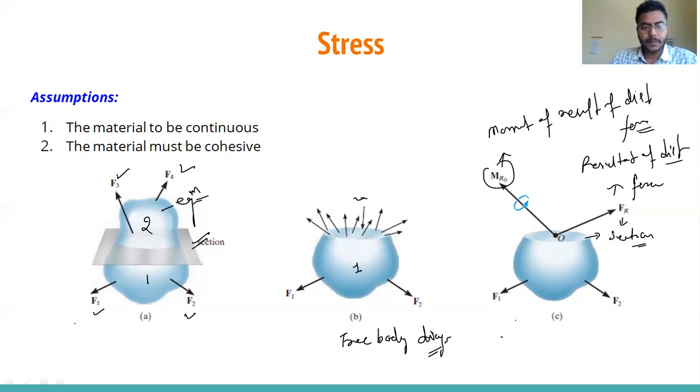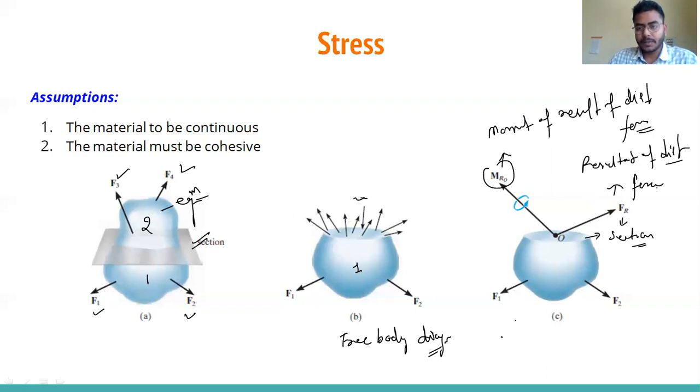In the first figure, the body was in equilibrium under the four forces. Now we cut the whole body into two parts, 1 and 2, and we have drawn a free body diagram for the first part. These are some distribution of forces shown in the figure by arrows. The resultant of this distribution of forces we have shown by Fr and Mr naught.